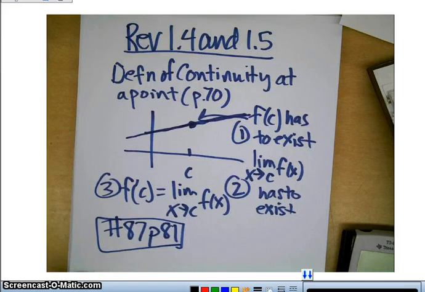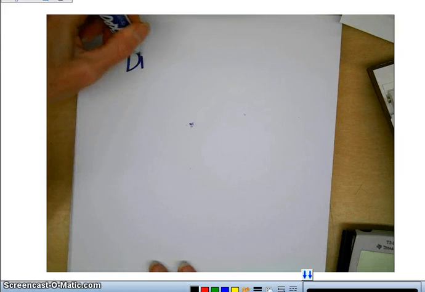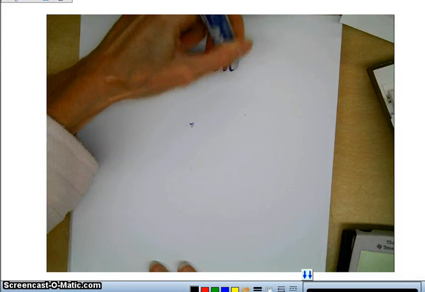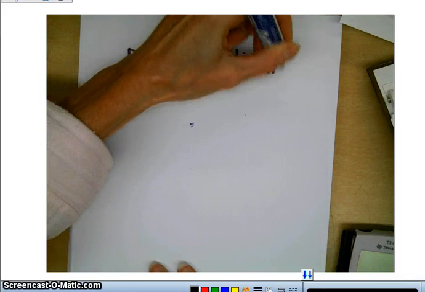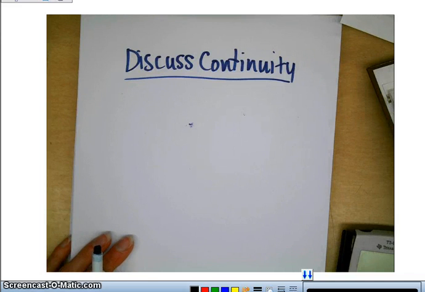So then also in 1.4, you had to be able to discuss the continuity of a function: whether or not a function is continuous, where is a function continuous, where is it not continuous.